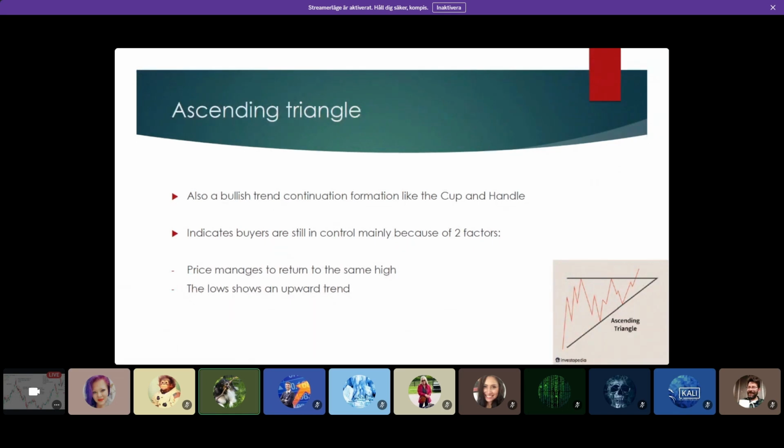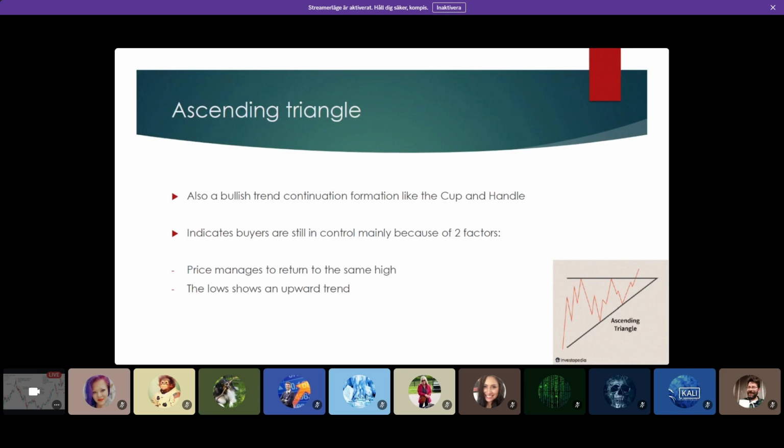So the ascending triangle is also a bullish trend continuation, kind of like the cup and handle. It indicates that buyers are still in control, and that's mainly because the price manages to return to the same high. As you can see there on the small picture, we have some attacks to the downside by the bulls, but it keeps pushing up.